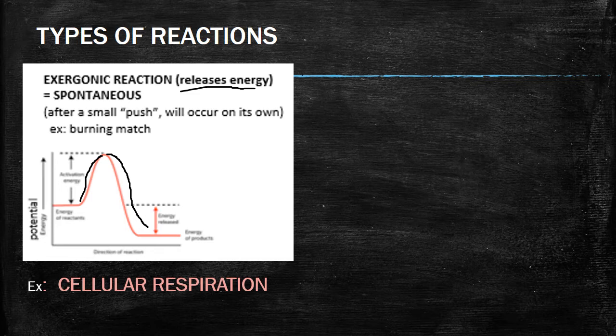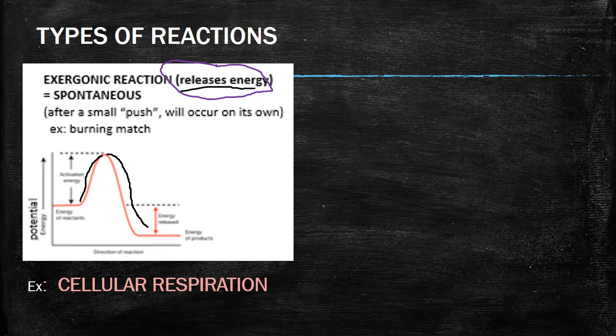Cellular respiration is what we do in our cells, and this is how we actually get energy. All of this energy that gets released is then used in our cells. Our cells need energy to stay alive, and they need that in order to continue our bodily functions.